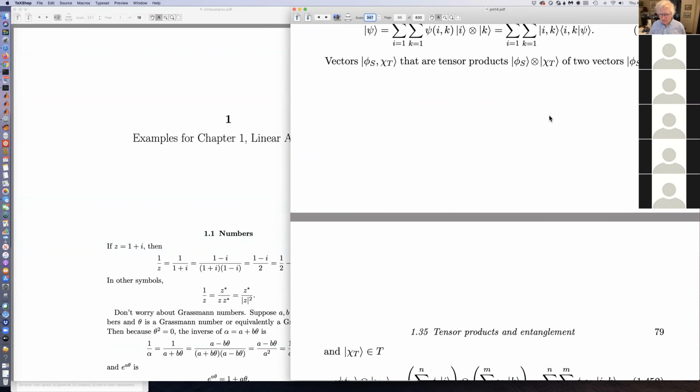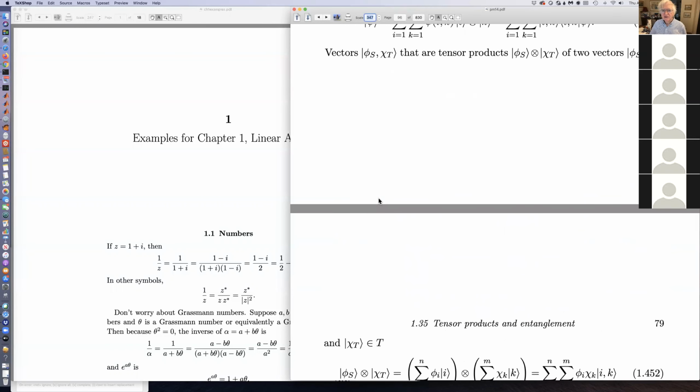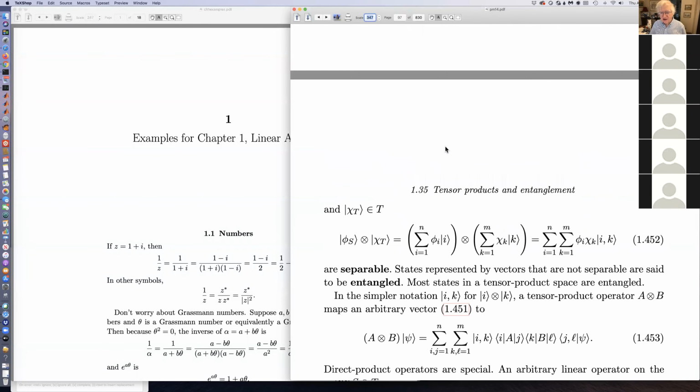There's a special form, if you can write the vector as the direct product of two vectors that are each in one space and the other space. So this is the direct product of two vectors, and the sum is phi_i chi_k, I k. Such a vector is said to be separable.